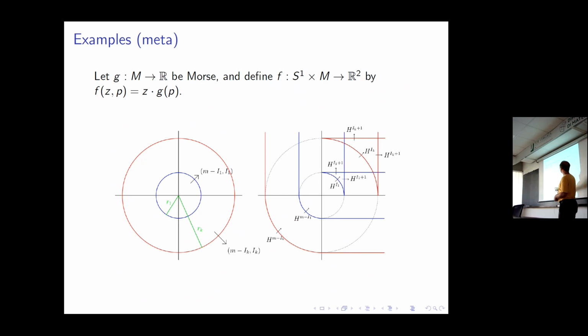So the critical values of your Morse function become critical circles for this 2 Morse function. And when you look at the homotopy type of the bifiltration, you get essentially a duplicate of what happened in the previous case. These rounded curves go off to infinity. You chuck the increasing parts away, and you get these fishtails over here. And the cell attachments are almost the same as in the previous case, where you've got an i cell and an i+1 cell that cancels it.